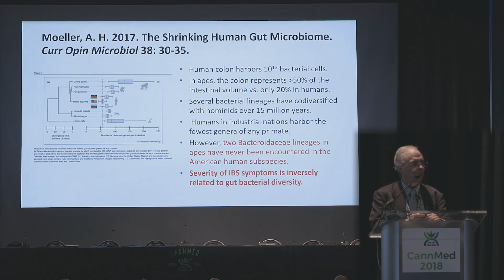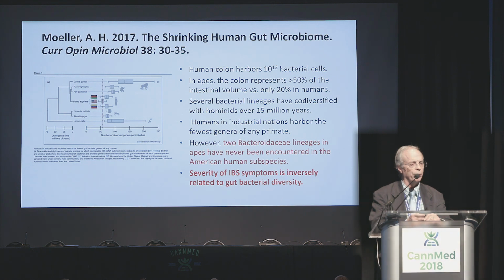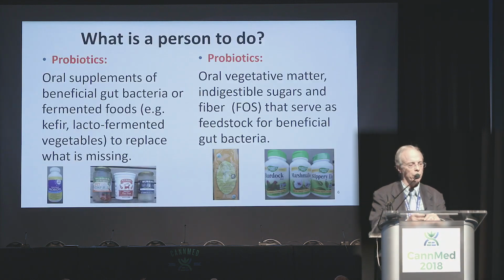And again, in industrial nations, humans harbor the fewest genera of any primate. There are 2 Bacteroideaceae lineages in apes that have never been found in the American human subspecies, as I like to call it. The severity of irritable bowel symptoms is inversely related to the gut bacterial diversity, so this definitely has importance to disease.